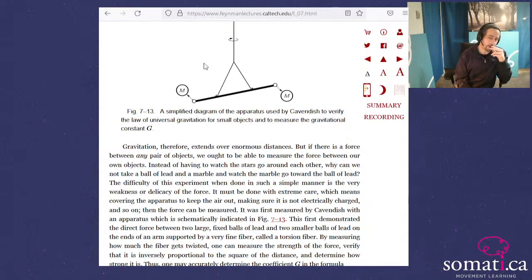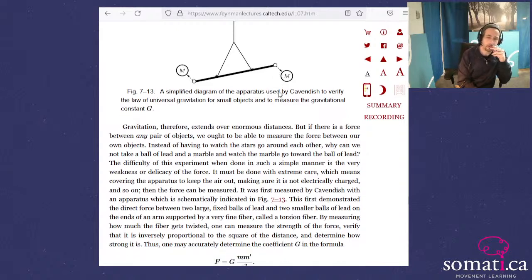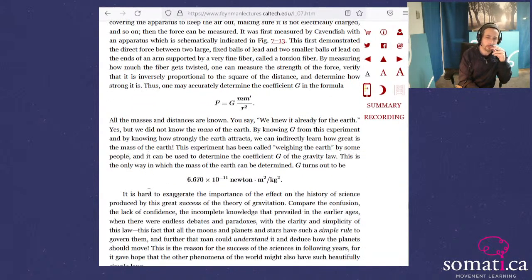Is it like it's this mass in both cases? Yeah. It says large and smaller balls of lead. Hmm.